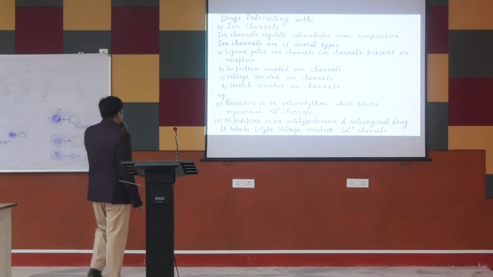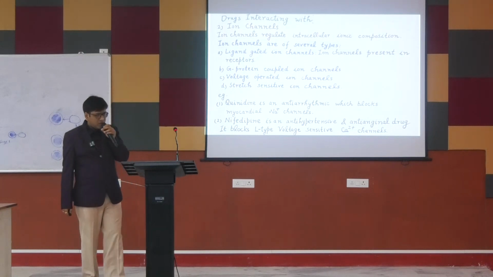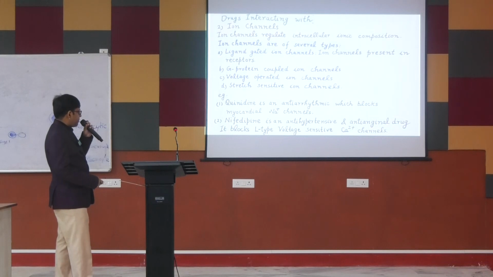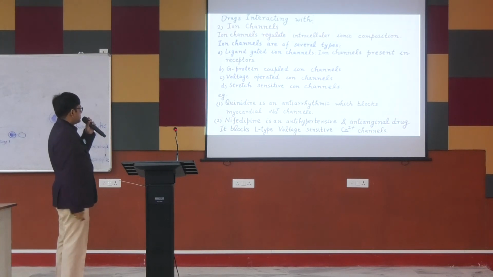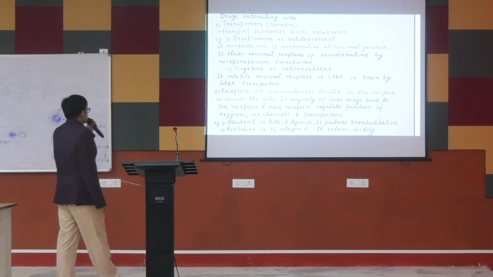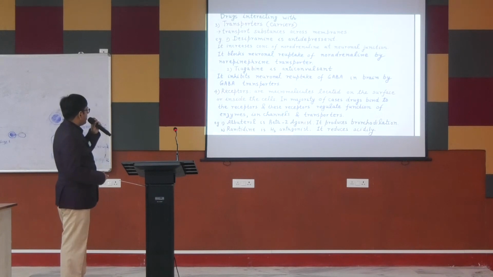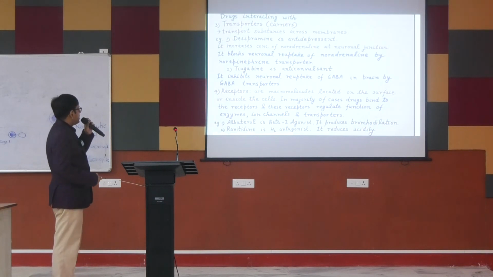Another drug, nifedipine, which was used quite commonly, not so much nowadays, as an antihypertensive and anti-anginal drug, blocks calcium channels. Drugs also interact with transporters. Just remember the example: desipramine is a drug that blocks uptake of noradrenaline, so it is basically blocking the transporter of noradrenaline.